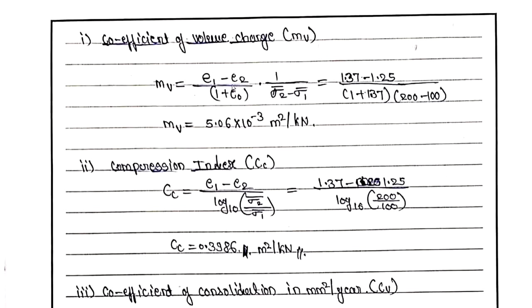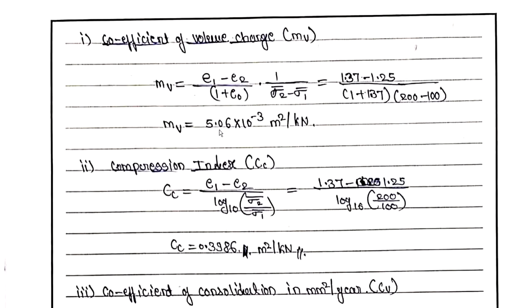If they specifically mention e0, we have to consider it as a different one. So 1.37 minus 1.25 divided by 1 plus 1.37 into 200 minus 100. It is going to give us 5.06 into 10 to the power minus 4 meter square per kilonewton. So this is the value for mv.